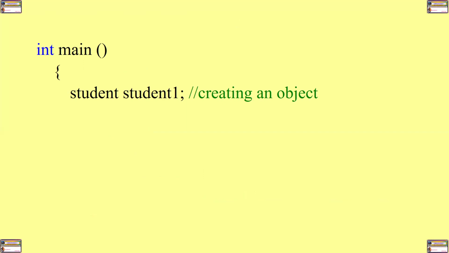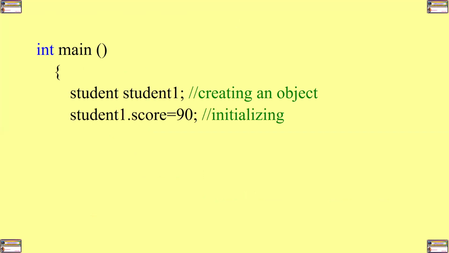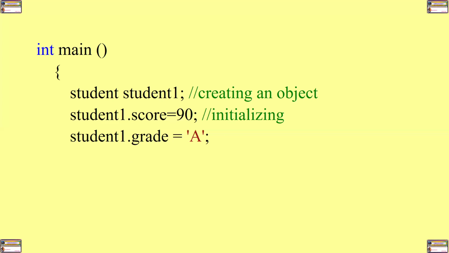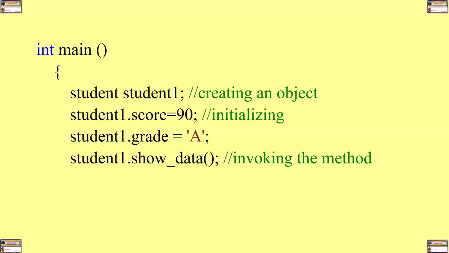Otherwise, the class will not be accessible, will not be usable without an instance for it. Then from there, you can use the dot operator to access or assign any value into any member of that class, whether it's a data member or a function member.